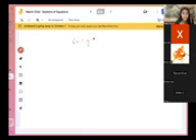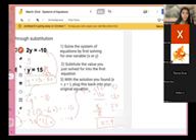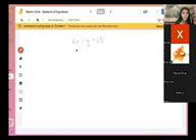Then we have x equals 4. So this is me just substituting in that value we found from step 2. Okay, then we get 24 plus y equals 15. In order to isolate y, we'll subtract 24 from both sides.